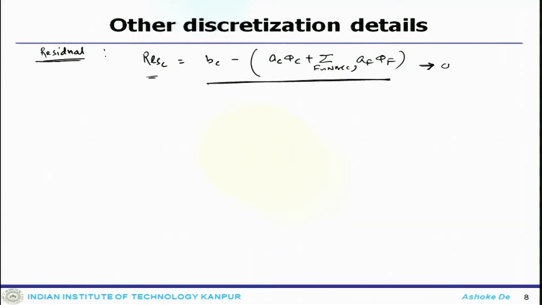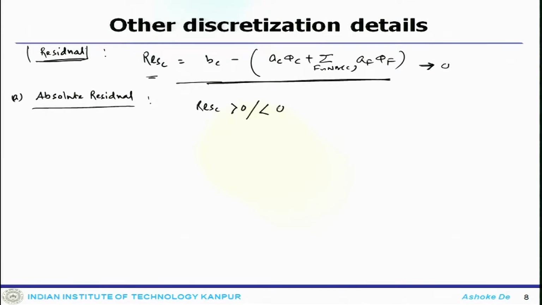Now, when you talk about residuals, different codes or different implementations are possible and people can interpret them differently. Let us look at that. One thing you can say is that one has to look at the absolute residual. And what is the absolute residual? As we have defined in this particular equation, the residual res C could be positive or it could be negative.